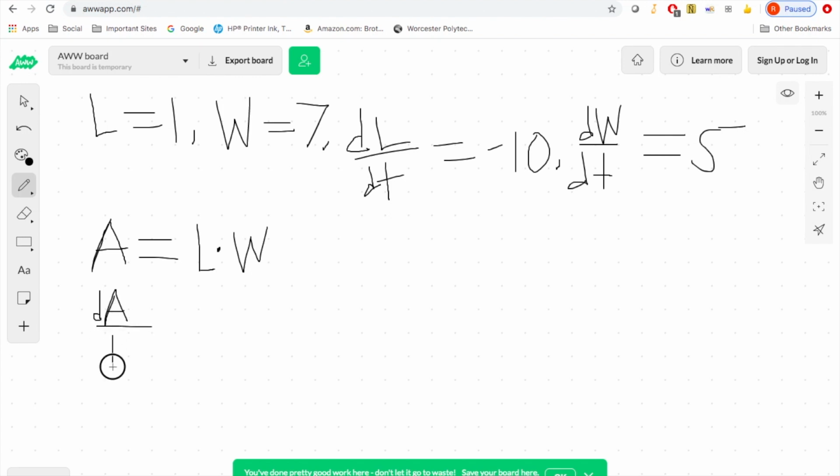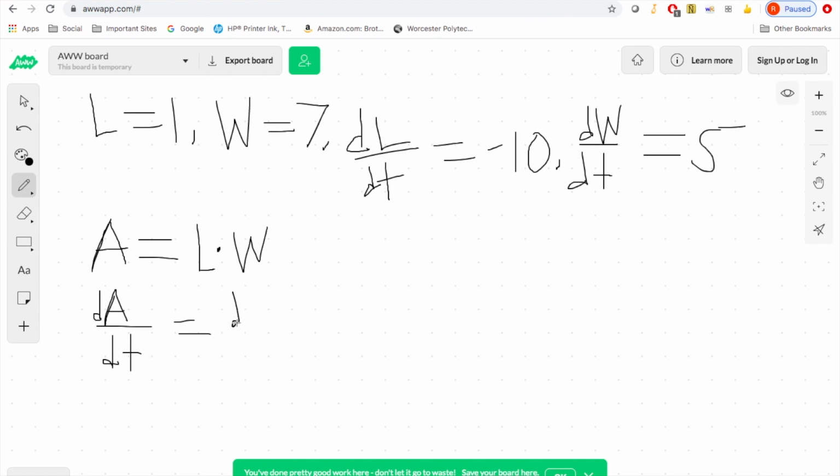So what I'm going to do is differentiate both sides. On this side, I get dA dt, and on the other side, looks like we have a product rule to evaluate. So let's do it. Let's start with u prime v. What's the derivative of the length?